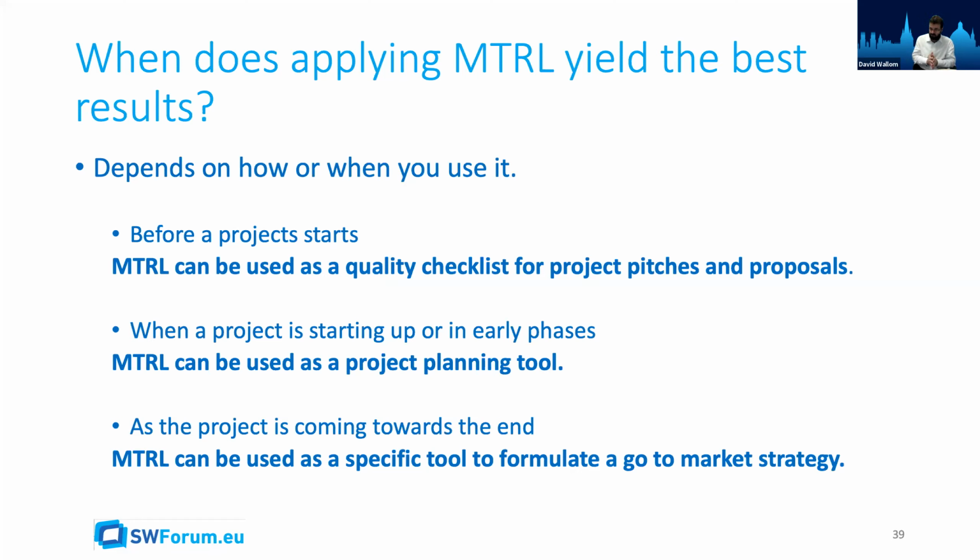Before a project even starts, you can use MTRL around other products or services that you might be building your own project on. So, to understand where your supply chain is, you could do a brief MTRL assessment on dependencies that you're bringing into your project, to make clear within your proposal that you understand the quality of dependencies.